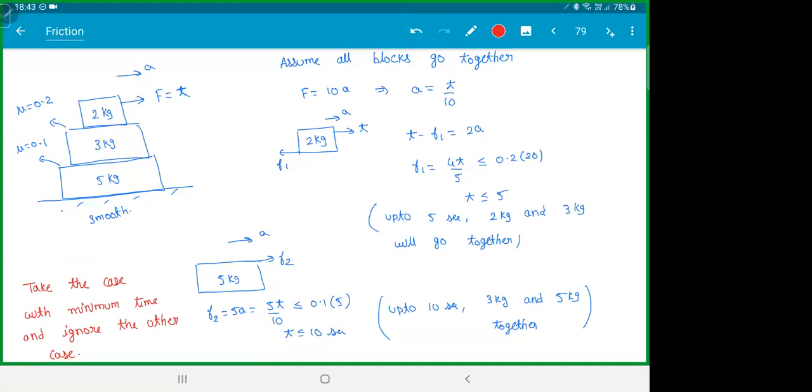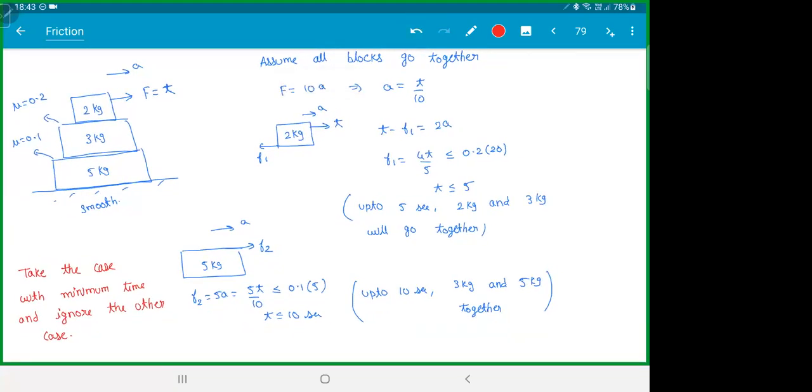This was derived under the assumption all go together. That is not true anymore. At 5 seconds that thing started slipping. At t equal to 5, 2 kg and 3 kg started slipping. That's why this data is discarded.